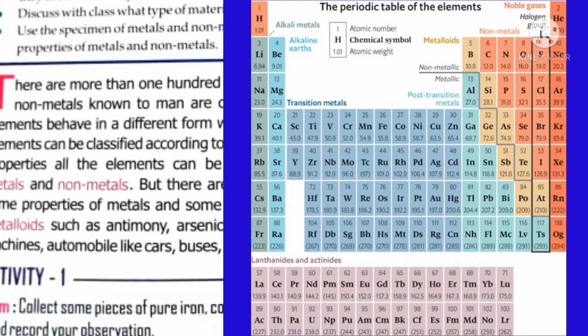Carbon C, nitrogen N, oxygen O, helium He, hydrogen H are nonmetals. Materials like tools, machines, cars, buses, houses, jewelry, utensils, all these things are made of elements.